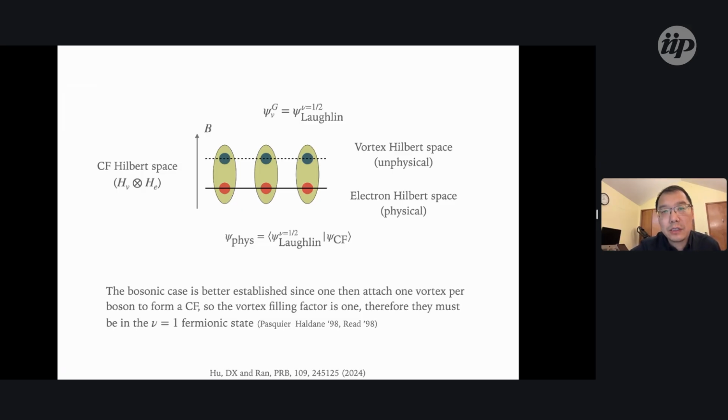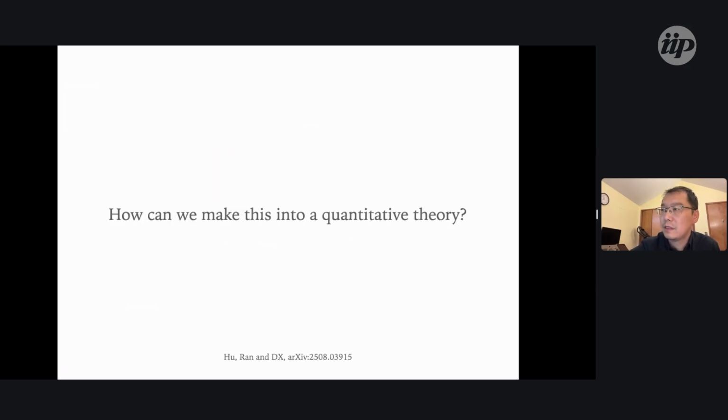Now the question is how can we make this into a quantitative theory? This is what we have recently figured out. Let me give you a very quick rundown of the basic procedure. It's a little bit more technical, but the recipe is very clearly spelled out.